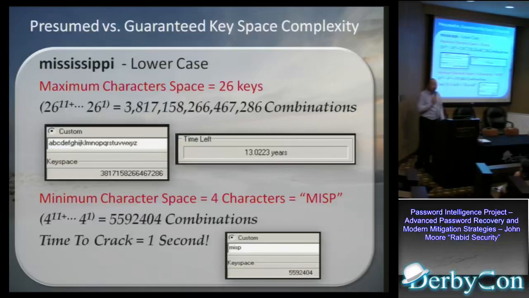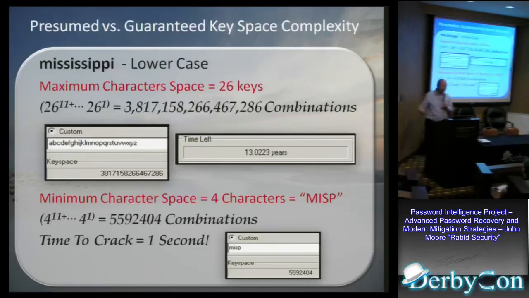The one account that had Mississippi for its password gets hacked in 1 second. Now if I would have left it in there, what we assume, our presumed key space says that's going to take 13 years. Okay? So, but now, with just grabbing the characters' amount, bringing down that key space, we have now turned it into 1 second.